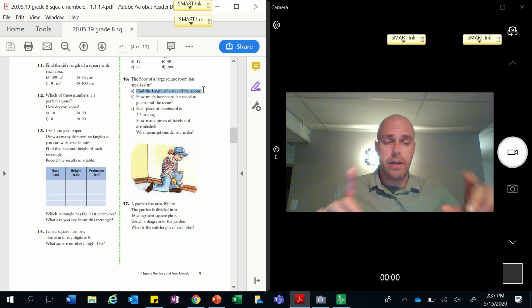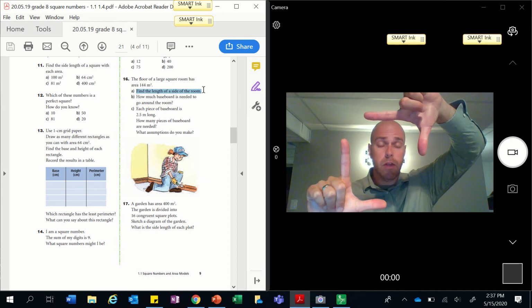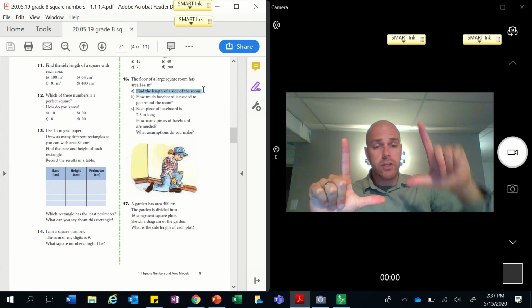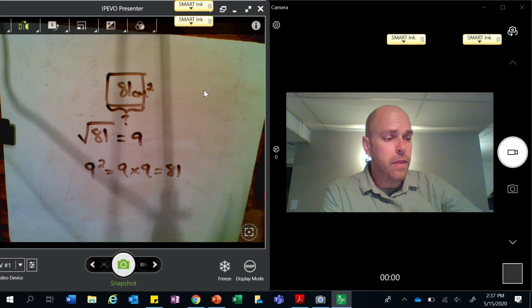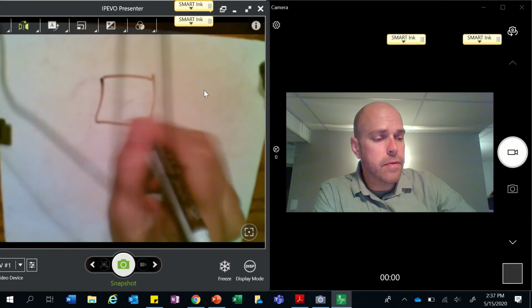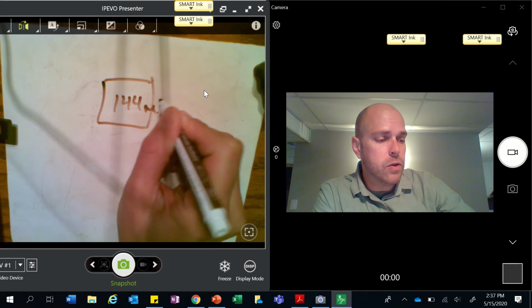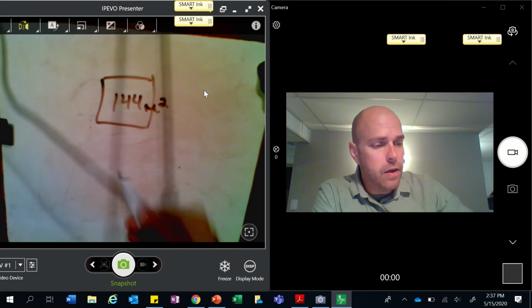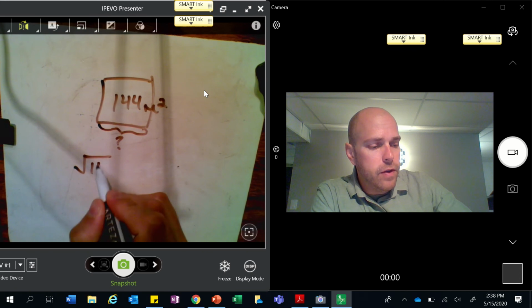Well, by now you figured out if you have a square that's 144, then the root is finding out how much on one side. That's just like what we did here. So what if I had a room that was 144 and it's square? We'll say meters squared, okay? Then what is the root of 144?